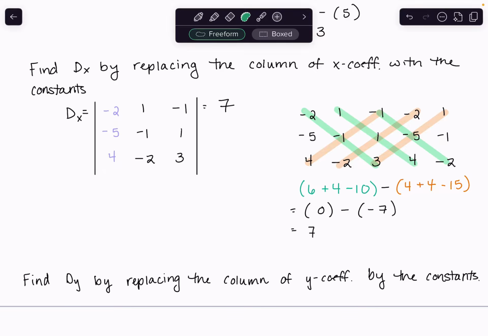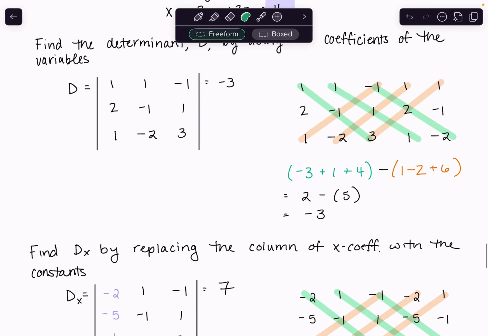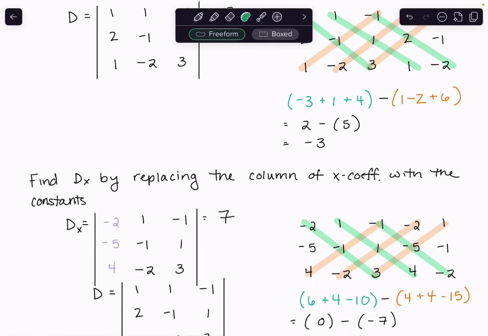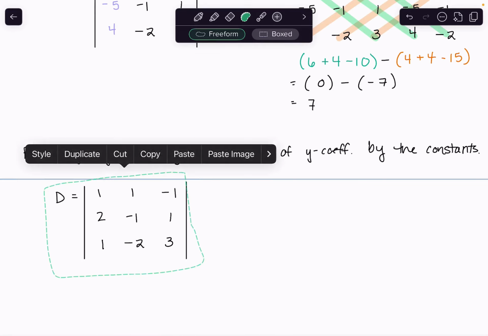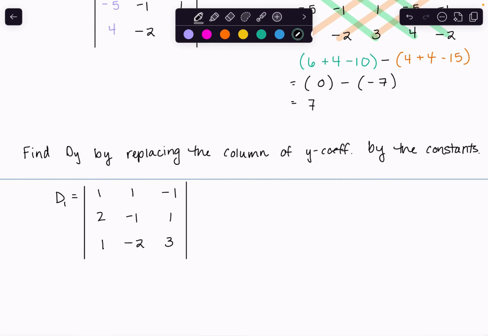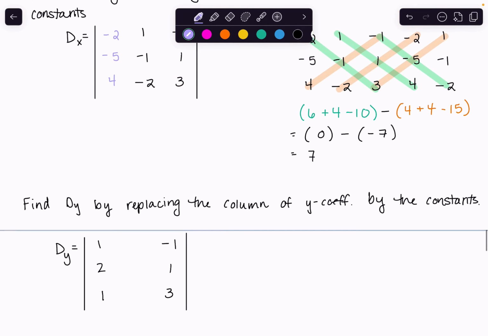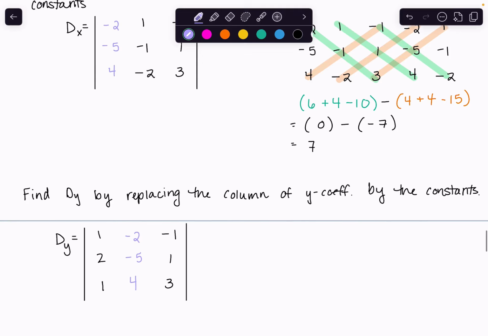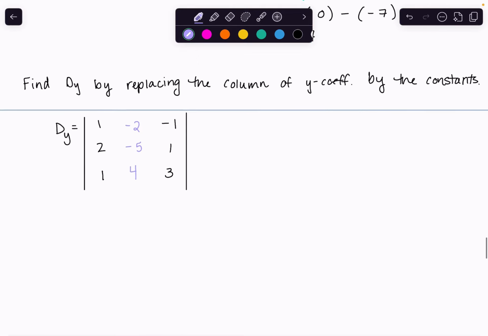Okay. So I'm going to go ahead and I'm going to take my determinant again, and to find d sub y, I get rid of y's column, and then I plug those same constants, negative 2, negative 5, and 4 in. Now I go ahead and find this determinant.